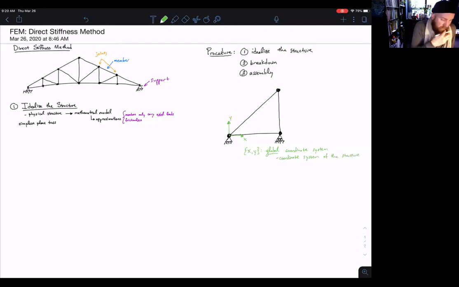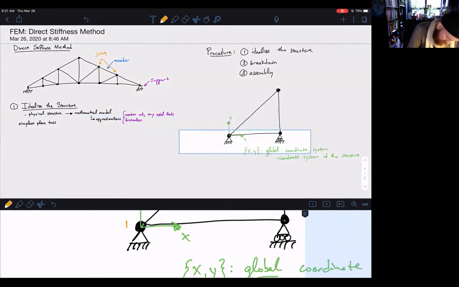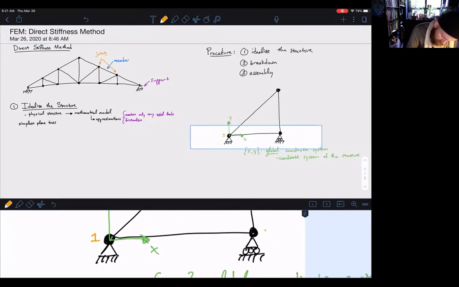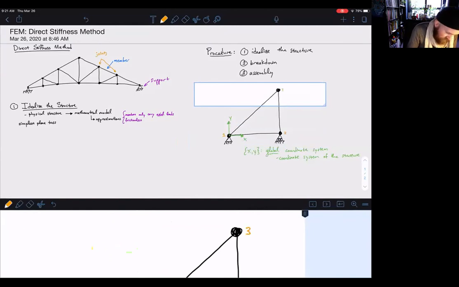Okay. We're going to do some additional labeling here. We're going to label all of the nodes, which are going to be at the joints of this structure. And we'll start labeling over here. So we'll call this 1, this one 2, and up here we'll label this as 3.